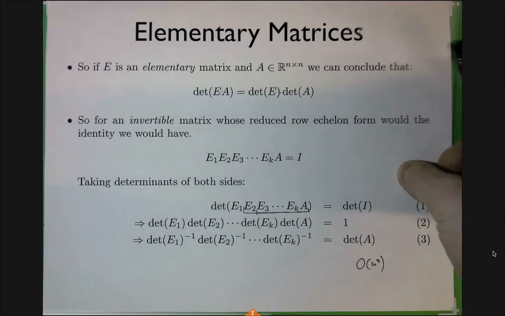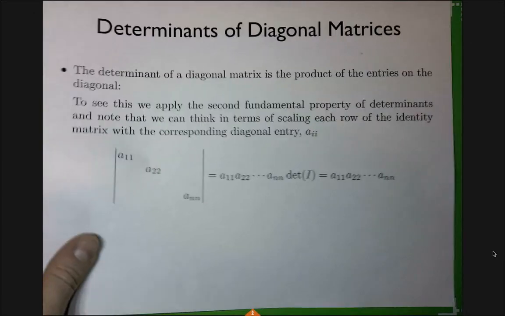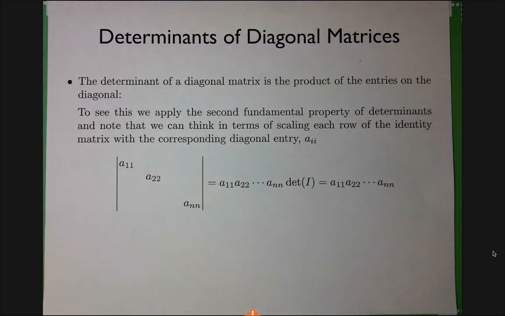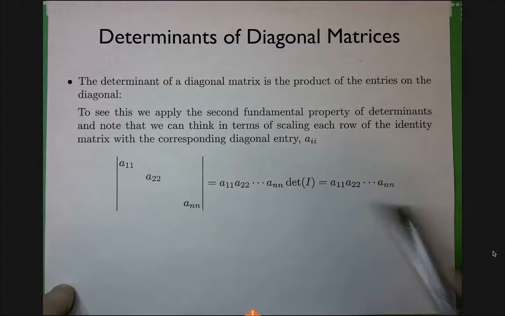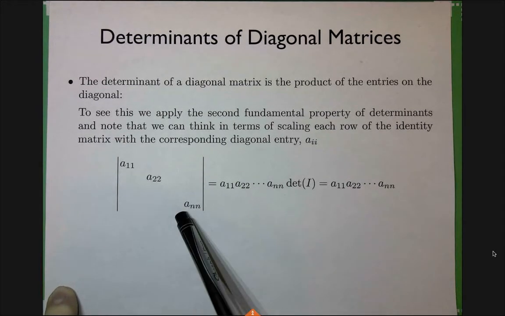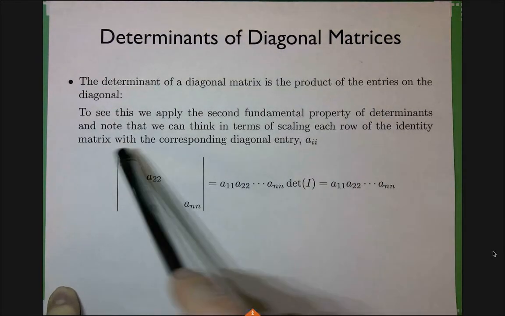A related result to this is sort of trivial, but it's good to realize: the determinant of a diagonal matrix is just the product of the diagonal entries.